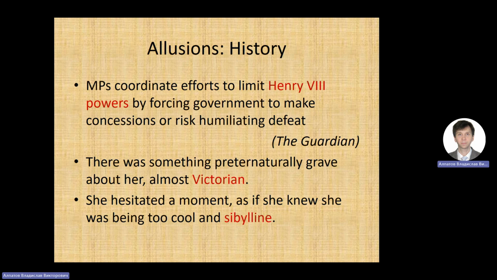There was something preternaturally grave about her, almost Victorian. Unless you know what girls in the Victorian era looked like and behaved like, you will not be able to understand this sentence. She hesitated a moment as if she knew she was being too cool or sibylline. Who were sibyls?